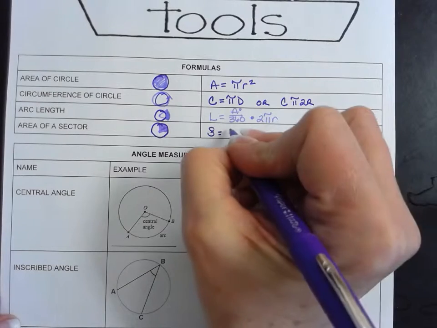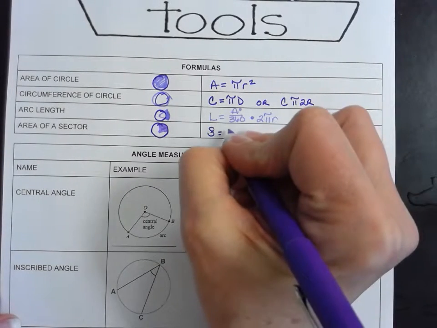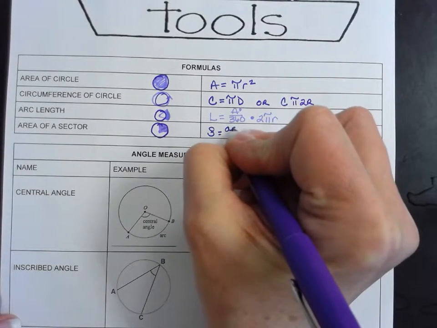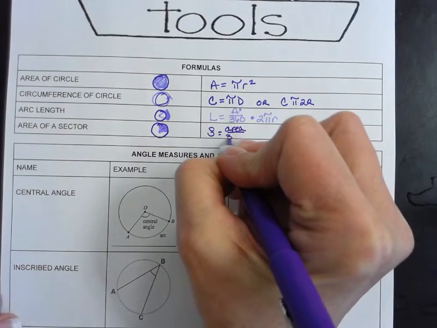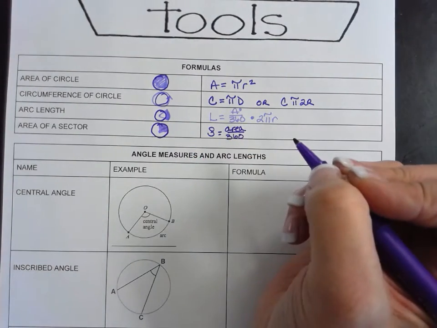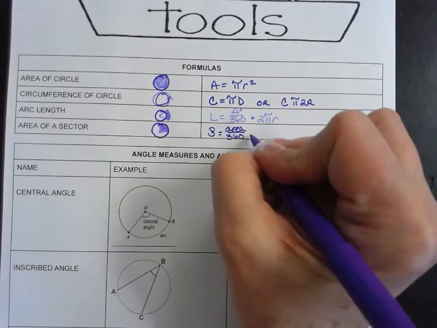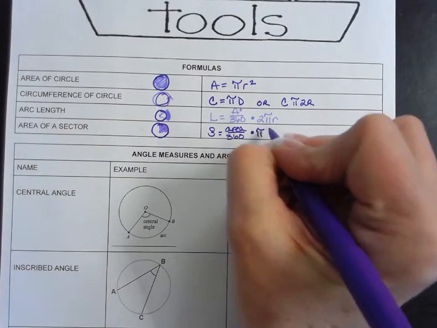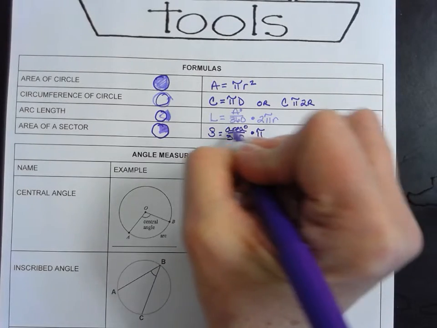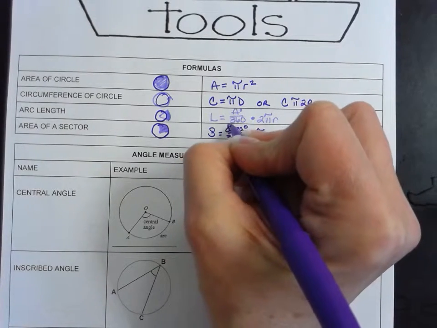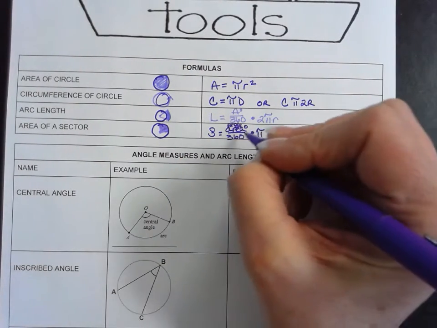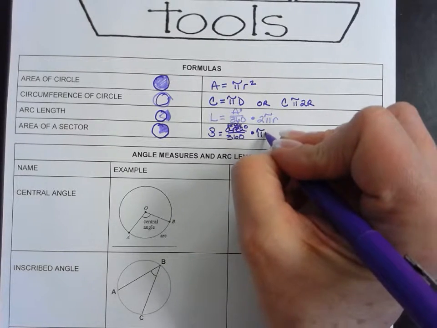And we take the angle divided by 360. Actually, I'm talking about the area from an angle measure. So the angle over 360 times pi r squared.